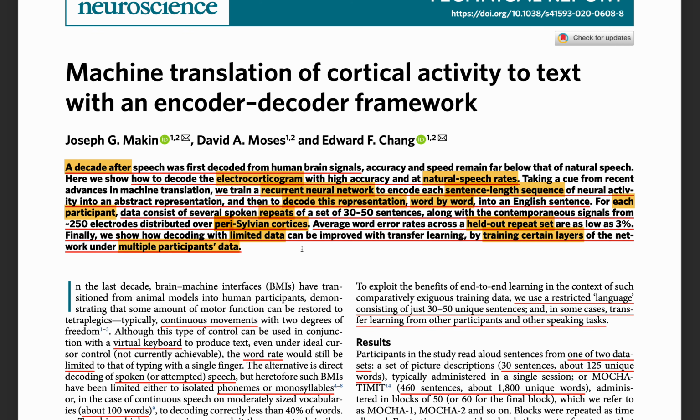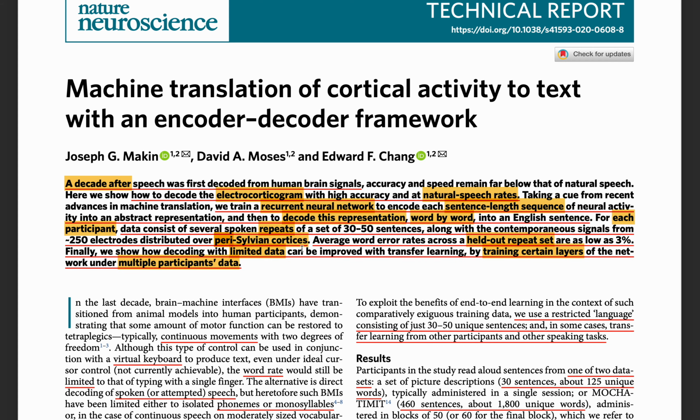Another interesting technique they have used is transfer learning in case of limited data samples. For example, 2 of the participants out of 4 had very limited data sets, meaning they had spoken very few sentences which were recorded, and the corresponding neural activity was recorded.